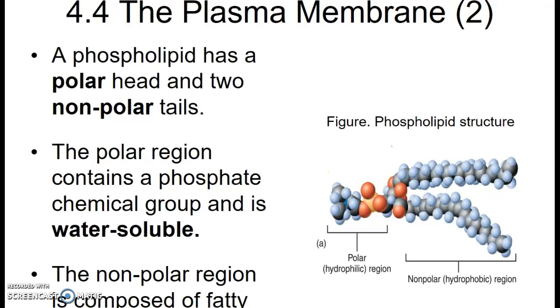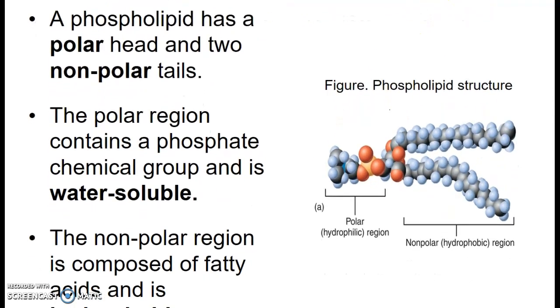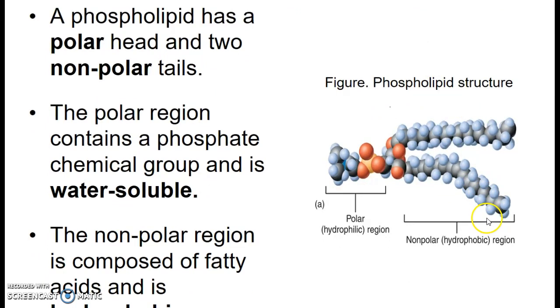This is also section 4.4, but just a brief review. Phospholipids have a polar phosphate head and nonpolar fatty acid tails too. And so the polar region is water soluble or hydrophilic, and the nonpolar region is non-water soluble or hydrophobic.